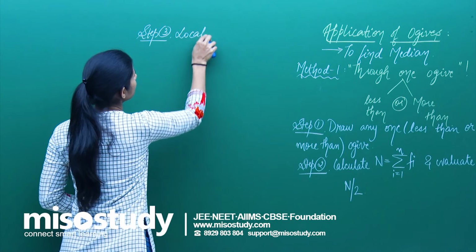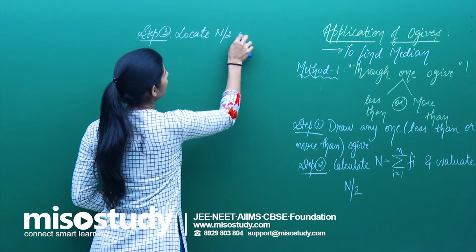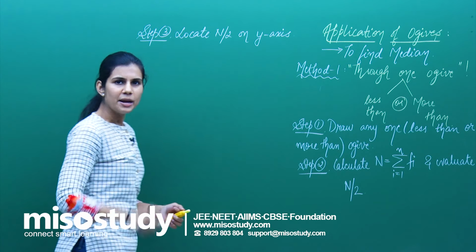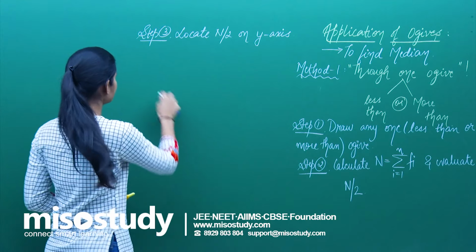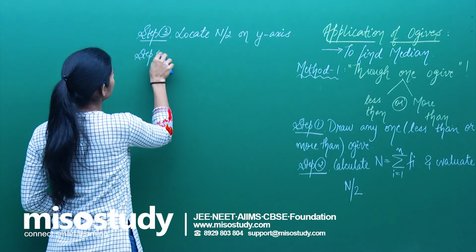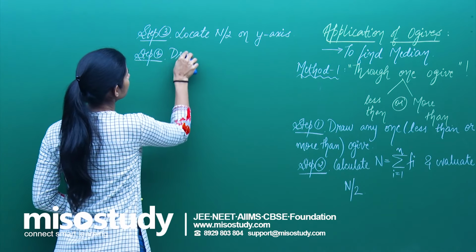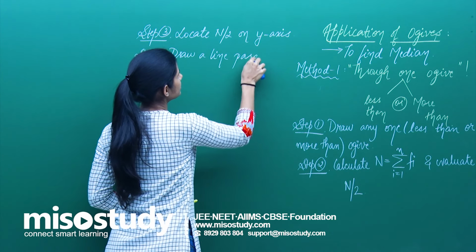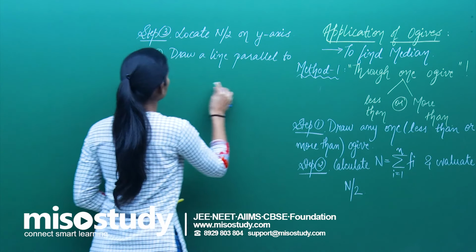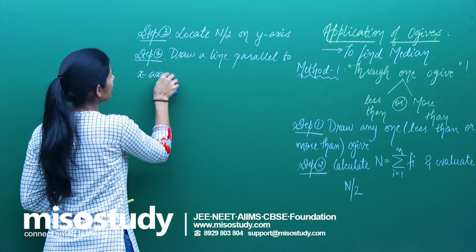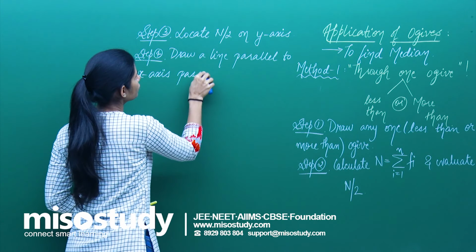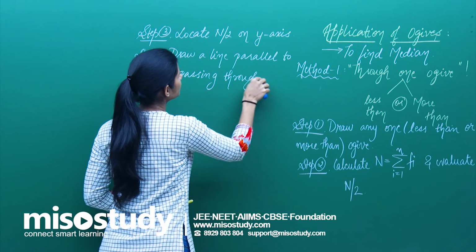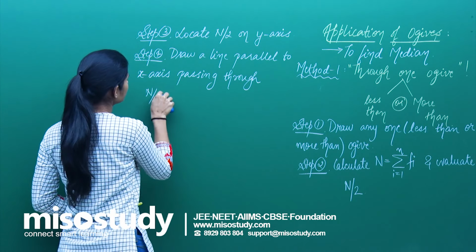You locate this point N by 2 on the y-axis and mark that point. Draw a line parallel to x-axis passing through N by 2.